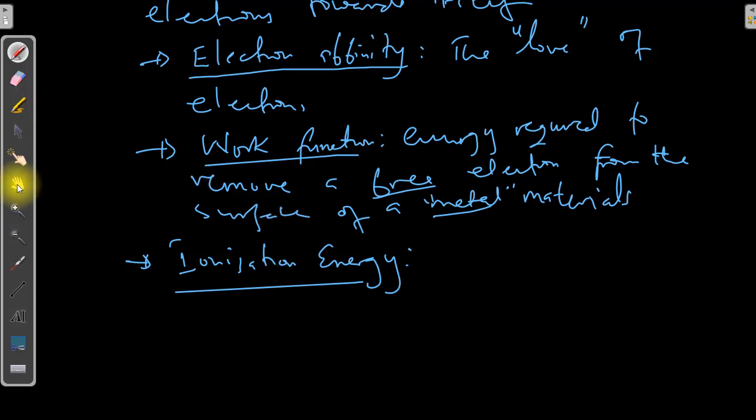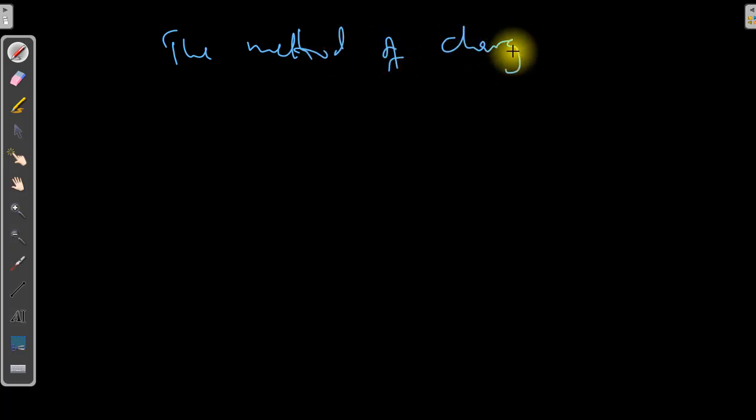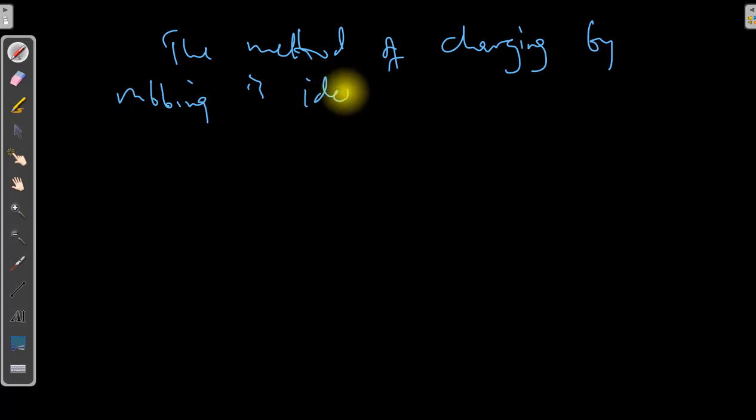So the method of charging by rubbing is ideal, or very common, for insulating materials.